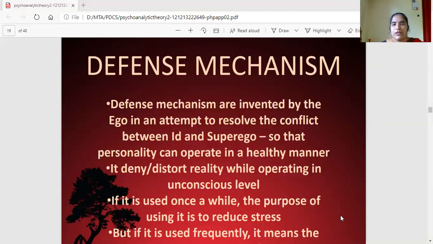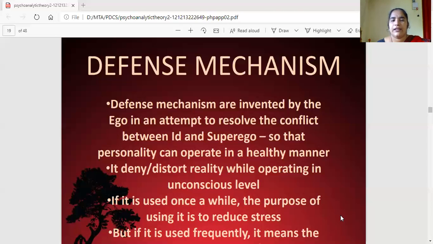So we have studied what is id, ego and superego. I will just do a brief recap. Id is the pleasure seeking part of the brain which always thinks of personal pleasure and zero pain. On the other hand, superego is that part which talks about ethics, right or wrong, good or bad, and tries to do the best always.